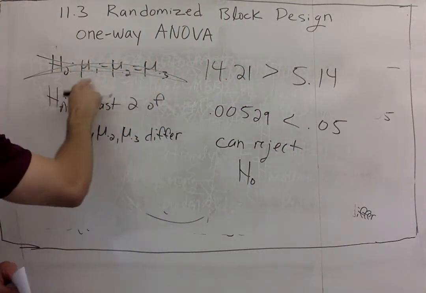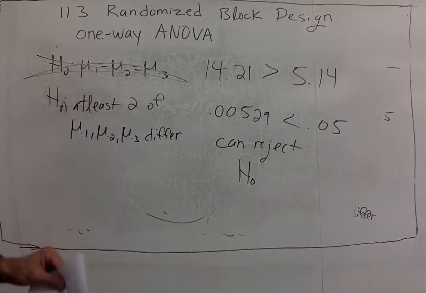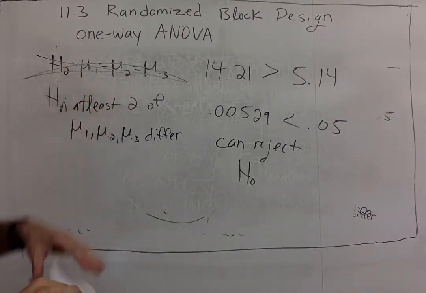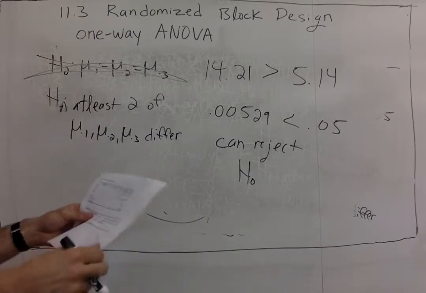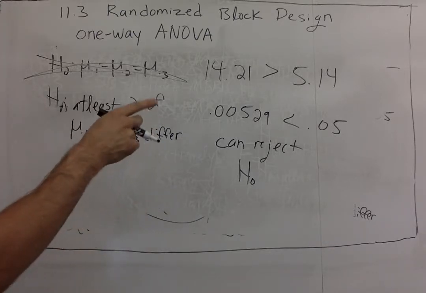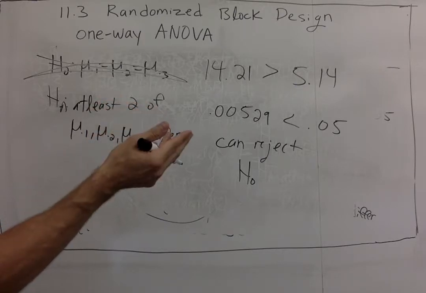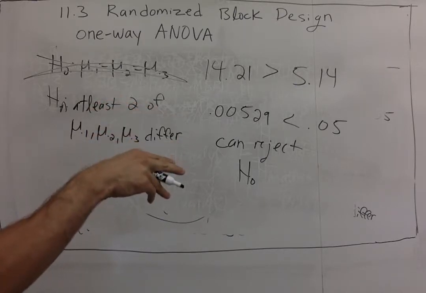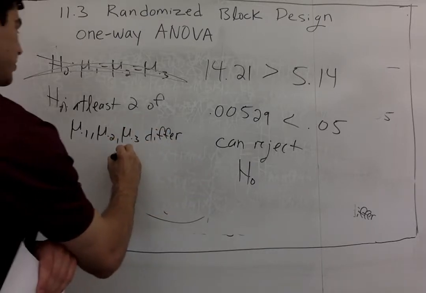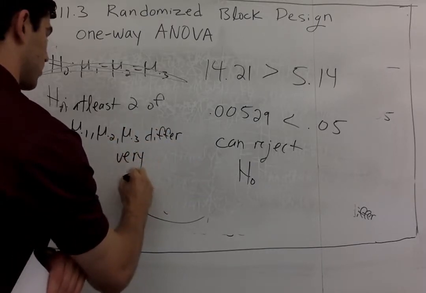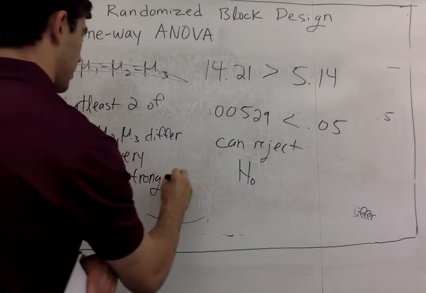The null hypothesis says that the different production supervisors all average the same amount of defects, so we would conclude that at least two of them differ. How much evidence do we have? If you compare the p-value, it's less than 0.01, the third lowest level of significance, but not 0.001, so we have very strong evidence.